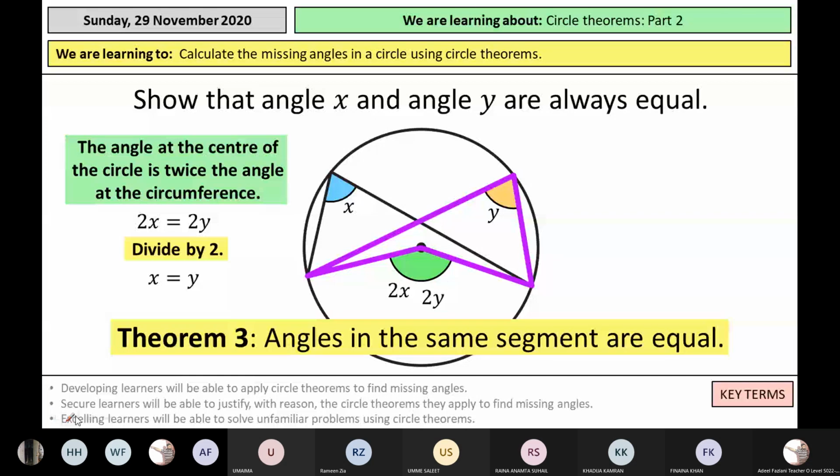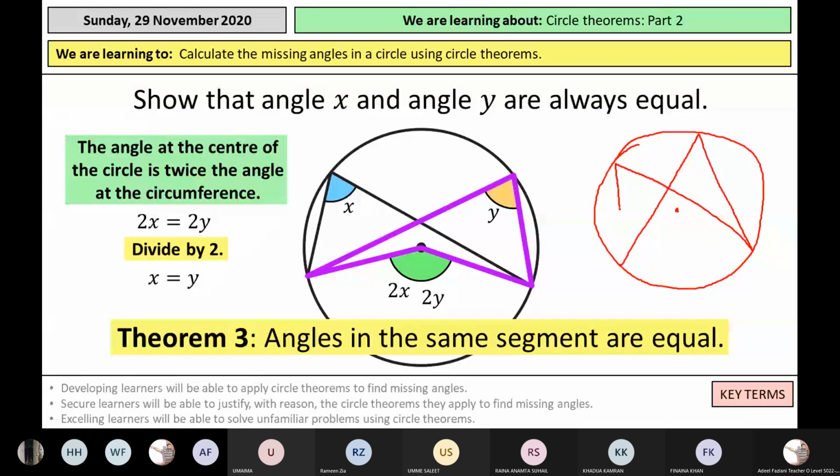Now you see which segment they are talking about. Let me draw a circle for you to make it more clear. Can you see on the screen what I'm drawing right now? Let's say this is the circle. If I draw it like this, and make another angle like this, and a third angle like this.